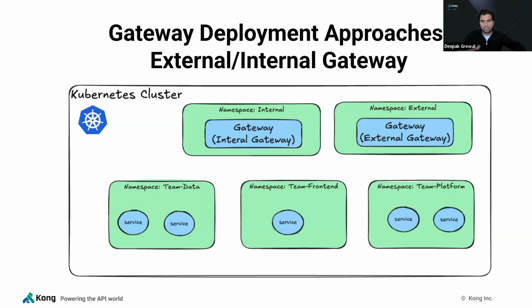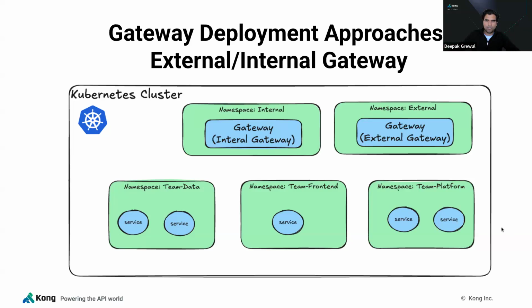Think of internal gateways as basically serving internal services. It's not exposed to the internet. And an external gateway is exposing services to the outside world. And they both might have different policies. They might be living in different namespaces and things like that.